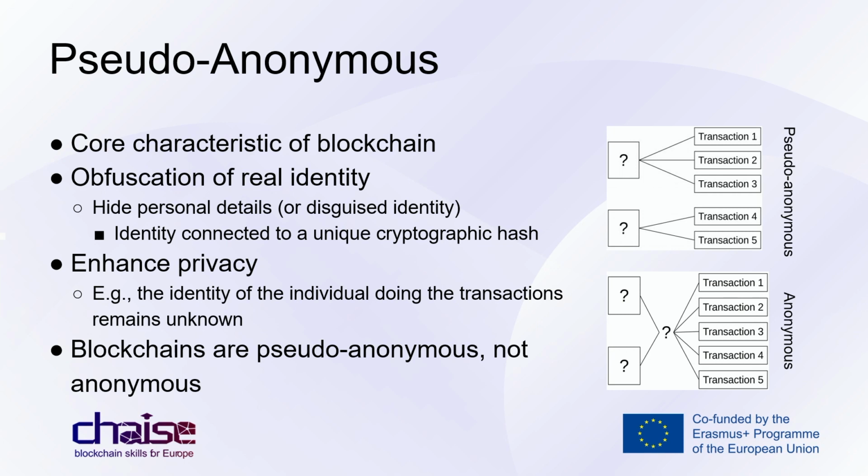Blockchains are pseudonymous. So, one important thing to remember here: blockchains are not anonymous, they are pseudonymous. It means blockchain transactions are not directly related to your identifiable information like your ID cards, your emails, your bank details.